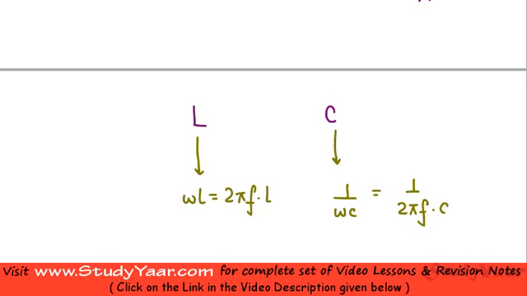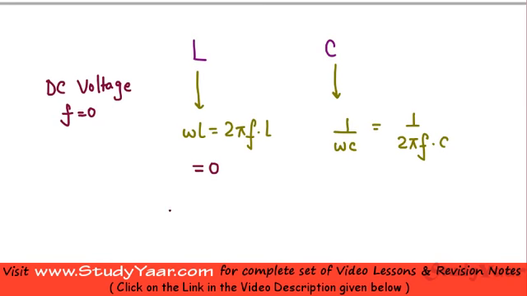If you look at a constant DC voltage, its frequency is 0. If the frequency is 0, then the impedance offered by the inductor becomes 0. Therefore, for a DC voltage, your inductor acts as a short circuit.